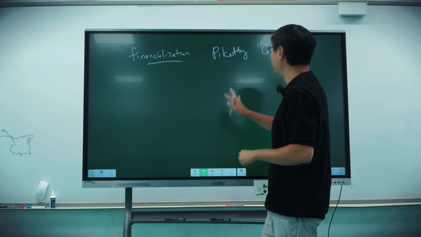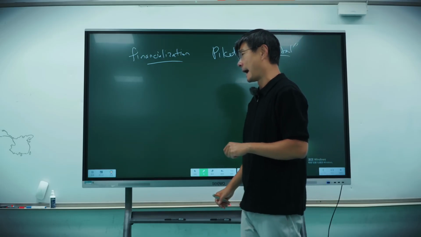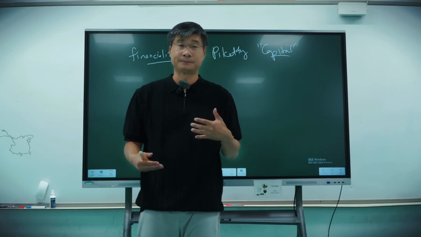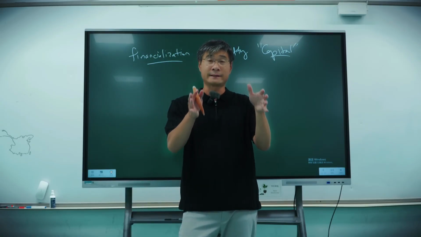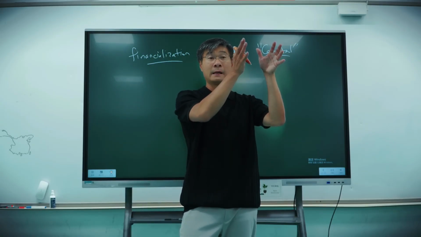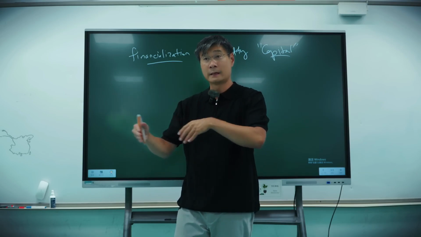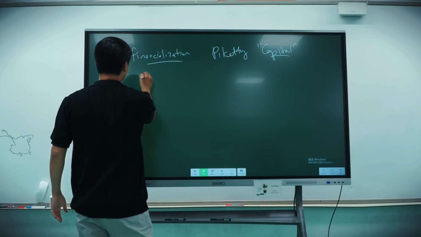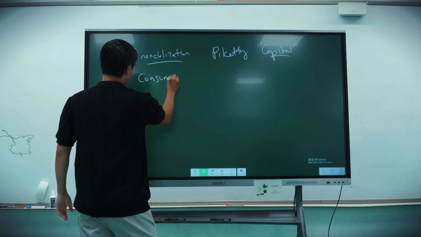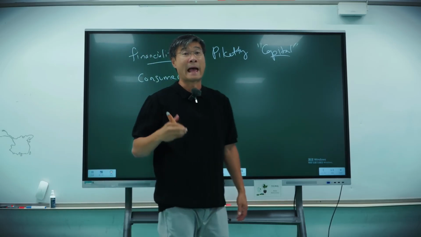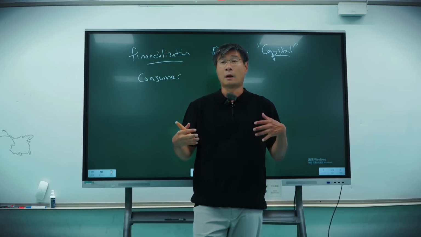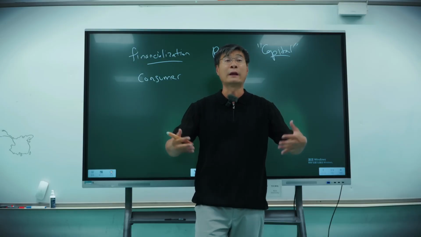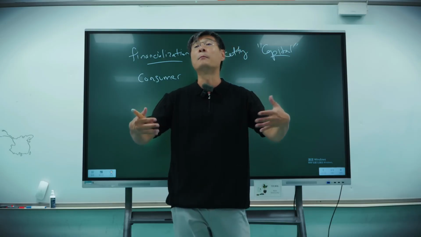And what he argues is that what happens in society is that capitalism transitions from phase to phase. In the beginning, you have consumer capitalism, meaning that what the society is trying to do is create goods that consumers want to buy.